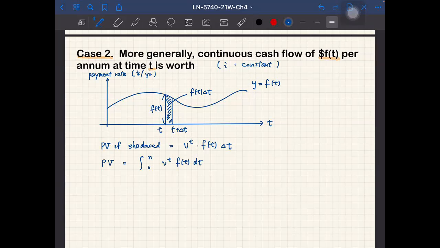So the present value of the entire quantity is equal to the integral from 0 to n of v to the power t times f of t dt. Of course, how easy this is to integrate depends on f of t, but in general, at least we can have this integral form.